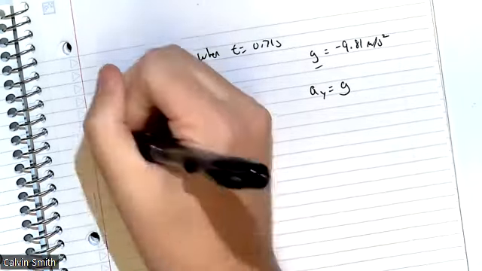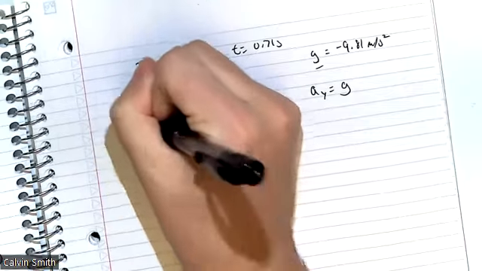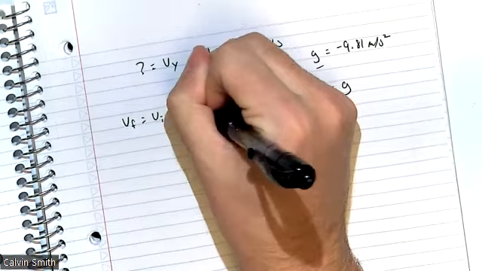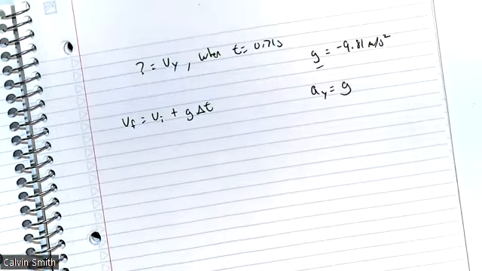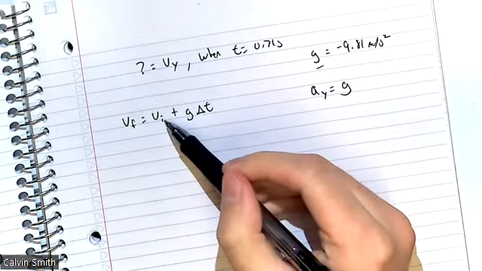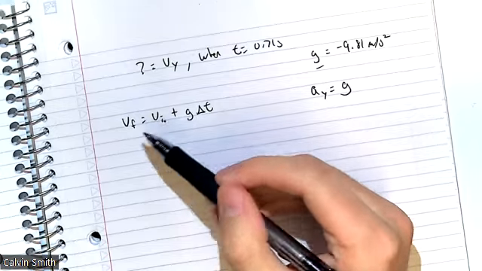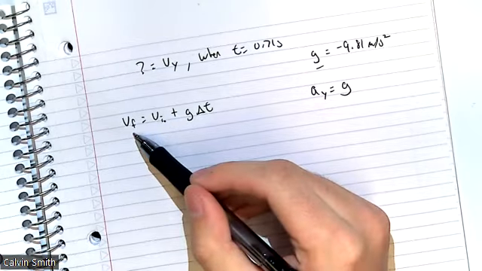Using one of those fun equations you have, you get something that looks like this. V initial is what they gave us. We're looking for V final.